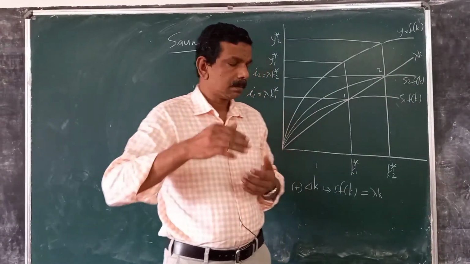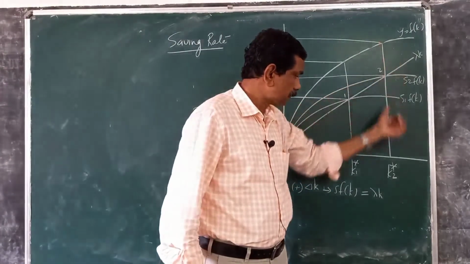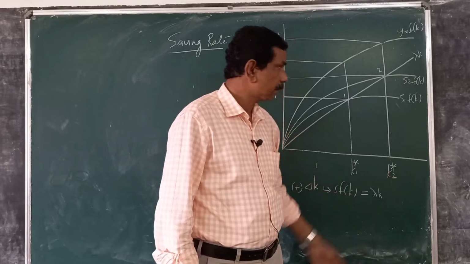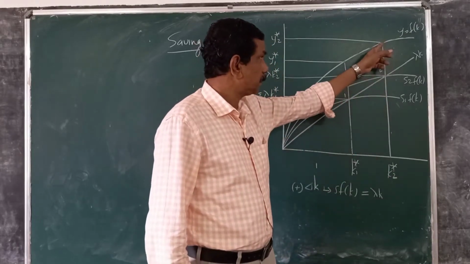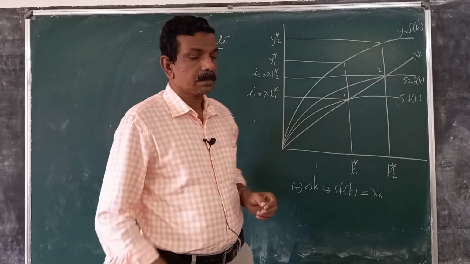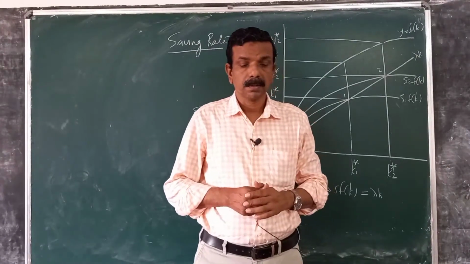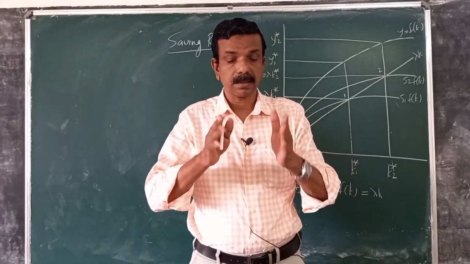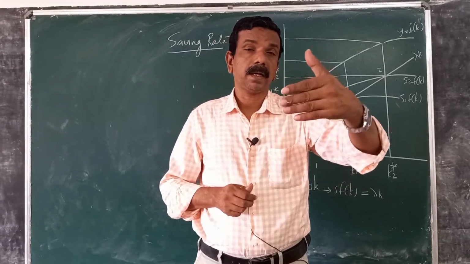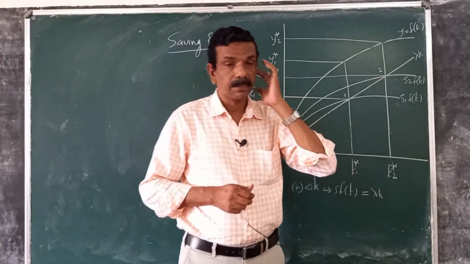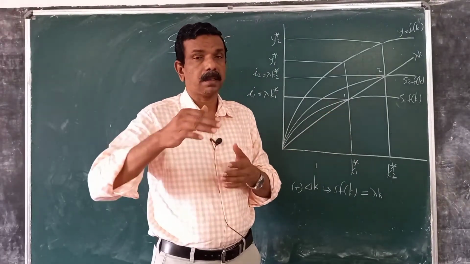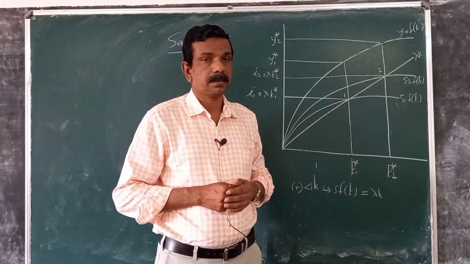So, as the economy reaches the new steady state capital labor ratio K star 2, the corresponding output per head is Y star 2. So, an increase in the saving rate results in a higher steady state level of capital and output per head.